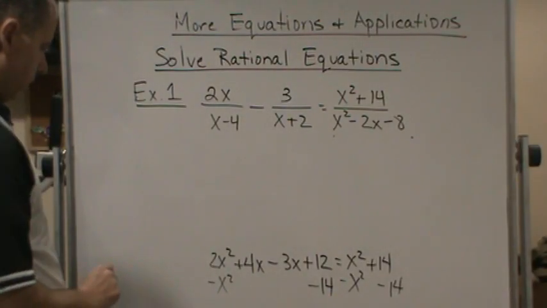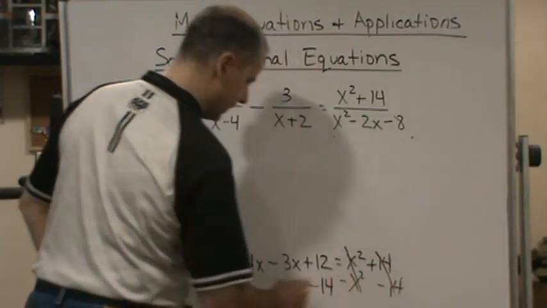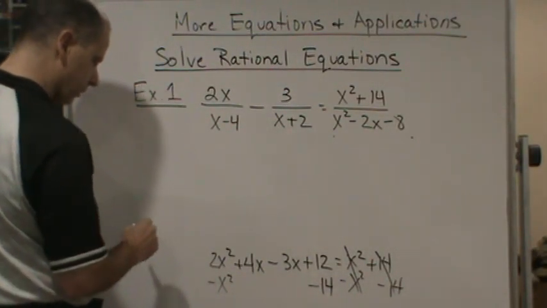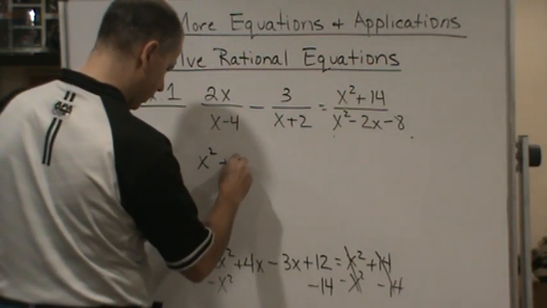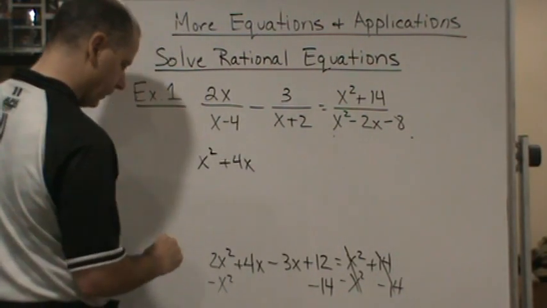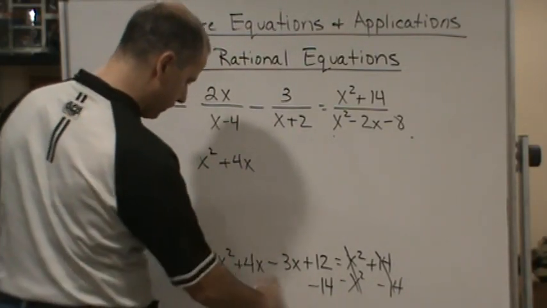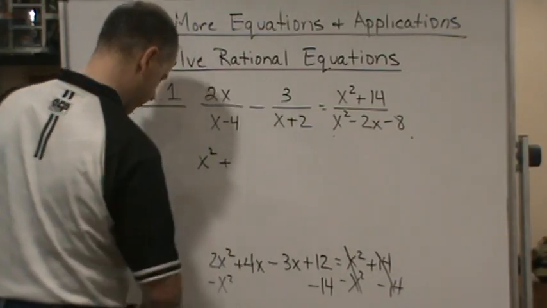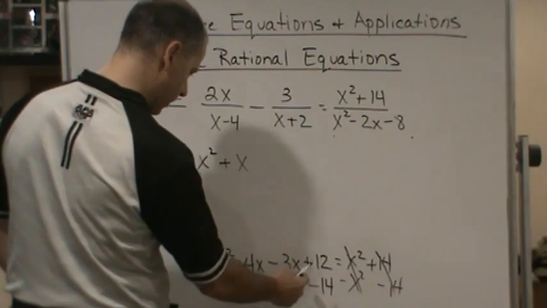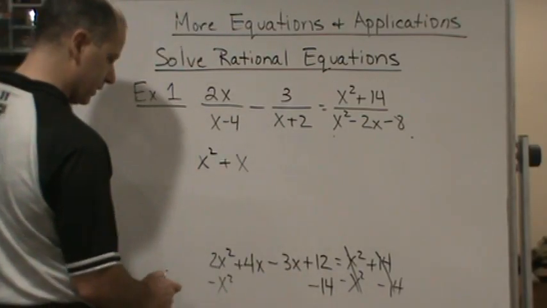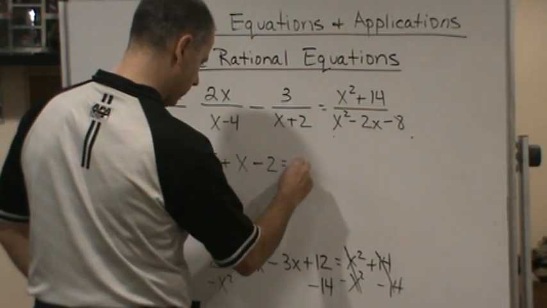These cancel out, so I get 0 on the right. This gives me x squared, plus 4x, let's combine like terms, 4x minus 3x is just x. So I get x squared plus x, and then 12 minus 14 gives me minus 2, equal to 0.